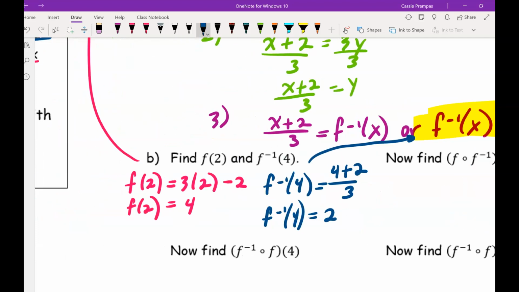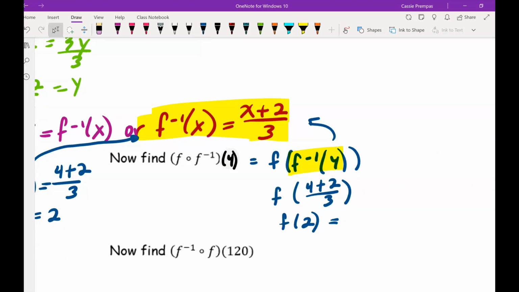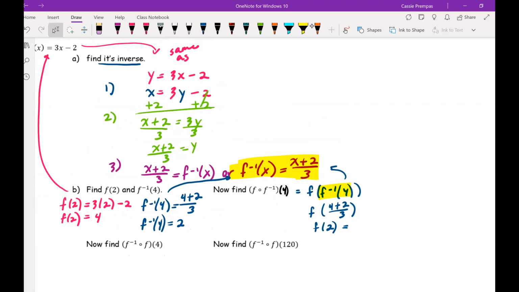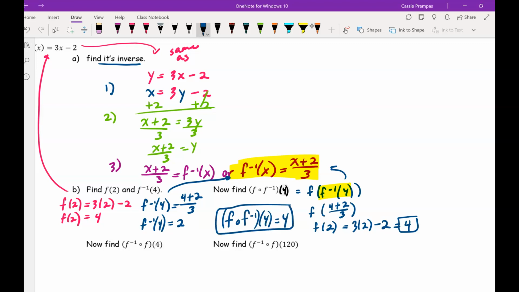And we've already found this, but just for making connections, I'll plug it in again. 3 times 2 minus 2 gives me 6 minus 2 gives me 4. So let's put our answer. That's our final answer. So we know f of the inverse at 4 equals 4. Voila.